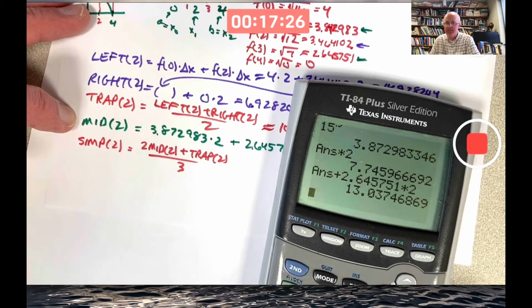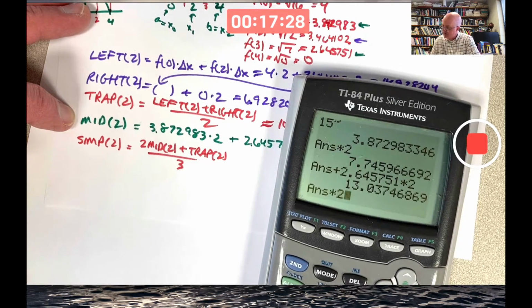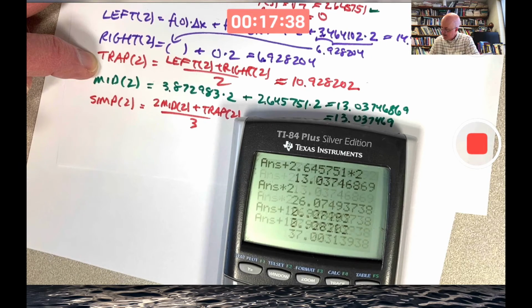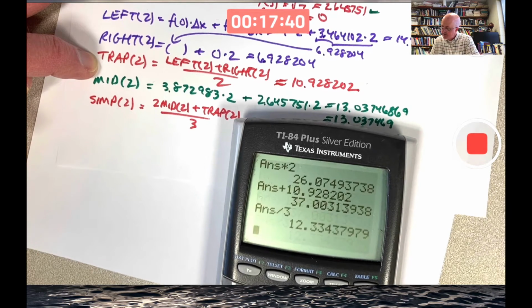Okay, so here is the midpoint answer. I'm going to multiply that by 2. Then I'm going to add the answer from the trapezoid rule, the 10.928202, and I'm going to divide that by 3.